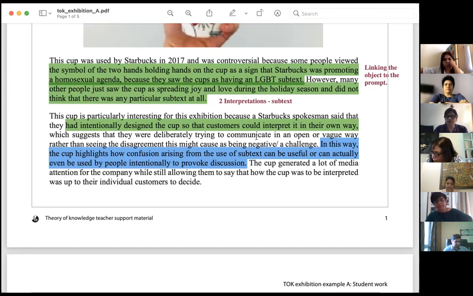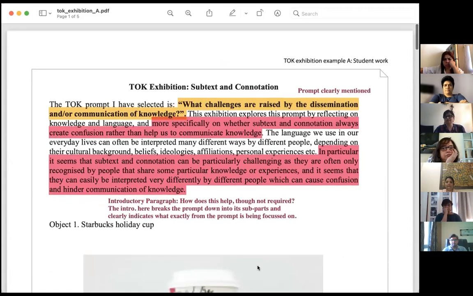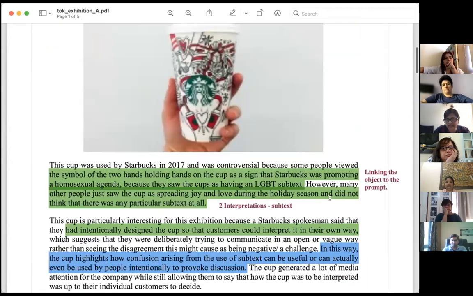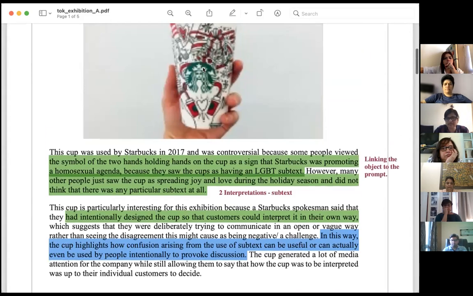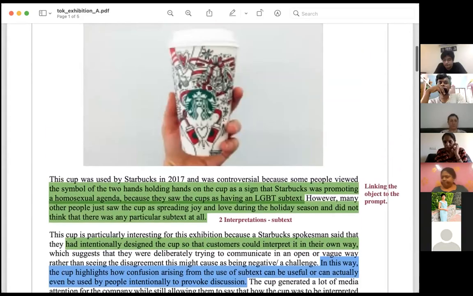So now where does this link to say, if the cup generated a lot of media attention for the cup, while still allowing them to say that how the cup was to be interpreted was up to the individual customers to decide. So where is that? Can you see the link between what the subtext did, or what the images on the cup did?